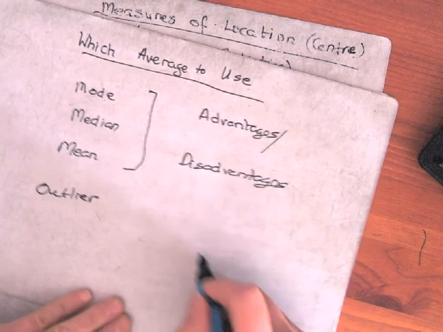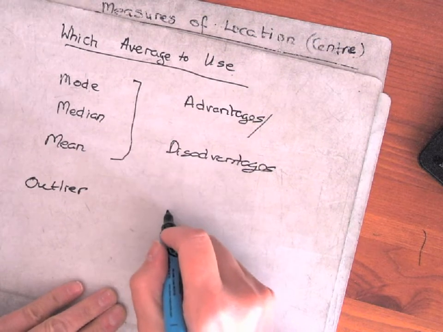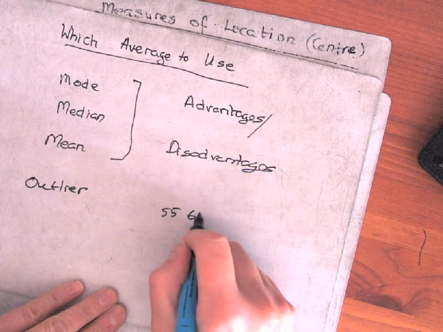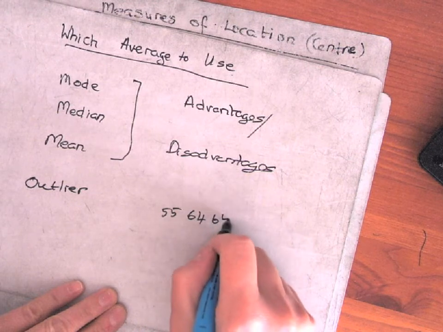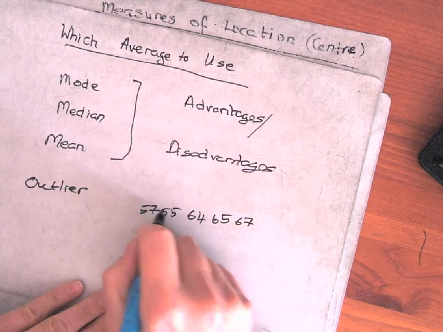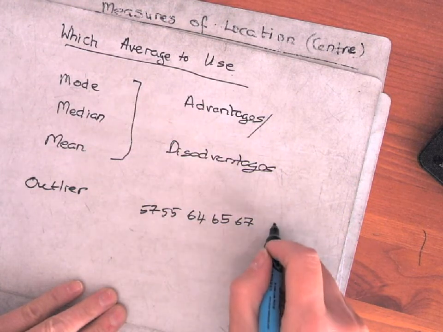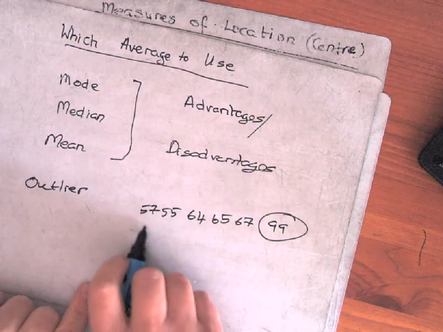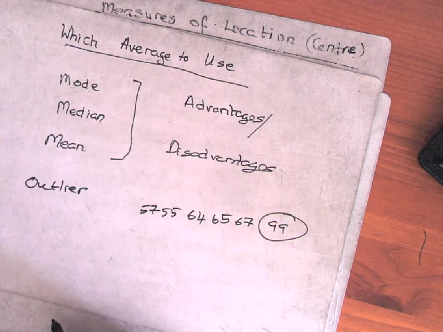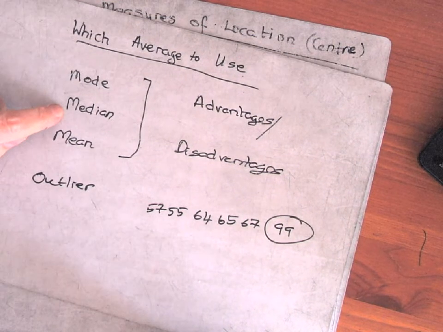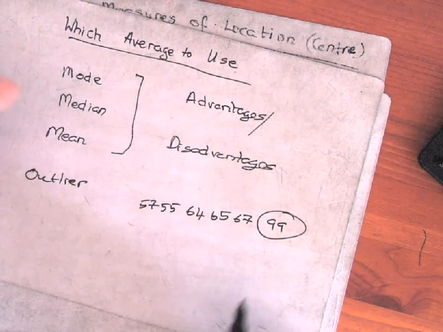For example, if we took all the results of people in the maths test, there was a 55, a 64, a 65, a 67, a 57, and so on, but then there was a 99. This one is called an outlier. It's far away from the rest of them, an unusual result. So the median is not affected by outliers, which makes it a good one to use if there are outliers.